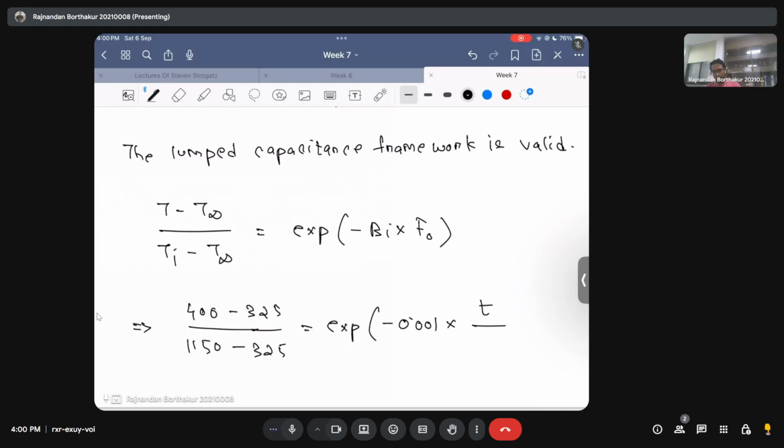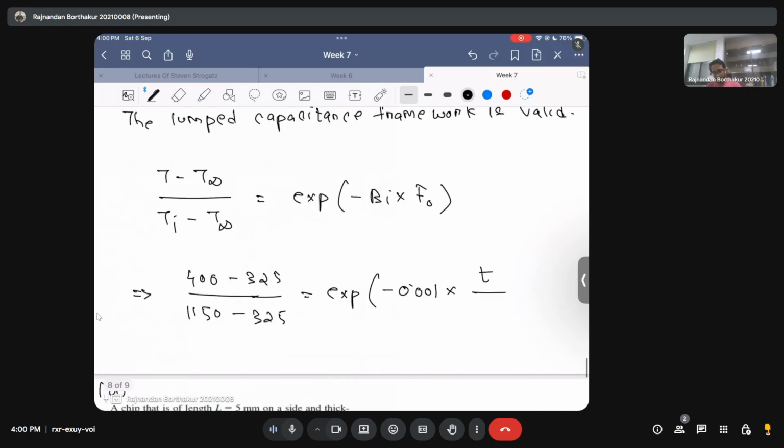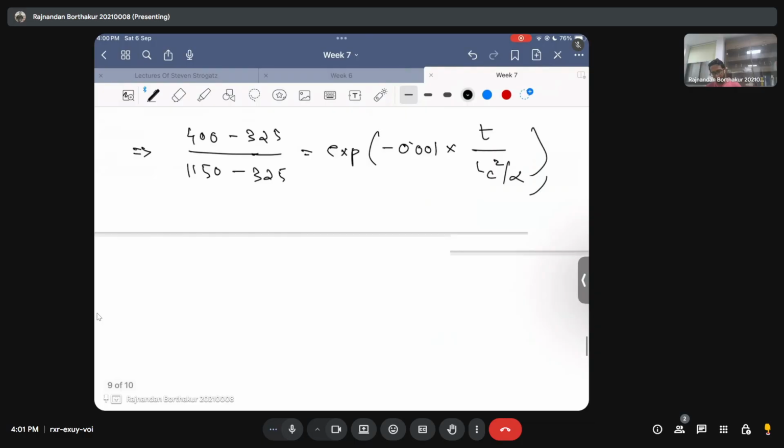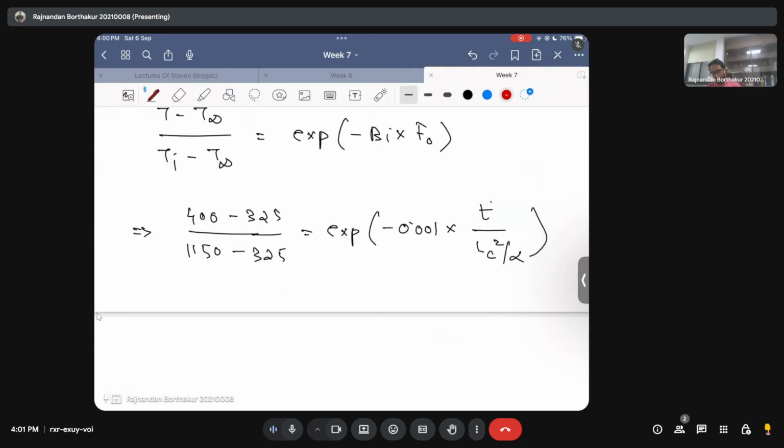So the Fourier number is alpha t by Lc square, where now you just need to calculate alpha here. Because your unknown is this t, right? You are required to find the time at which the body reaches 400 Kelvin.